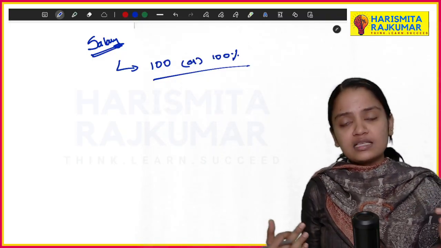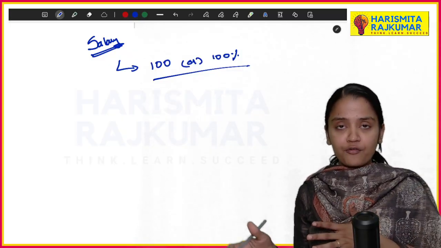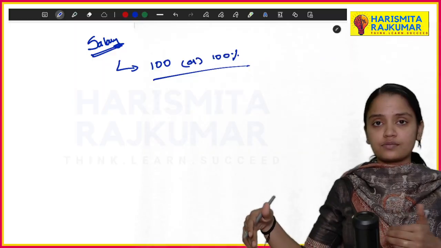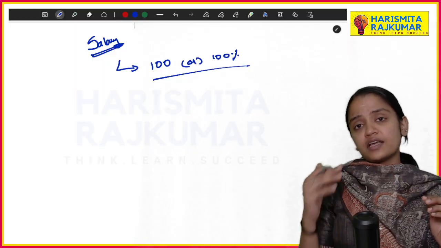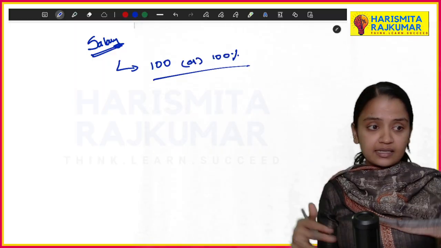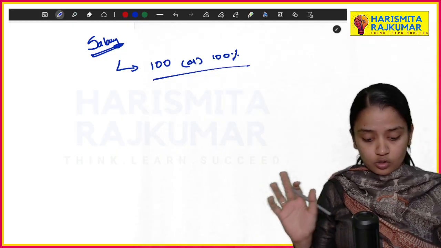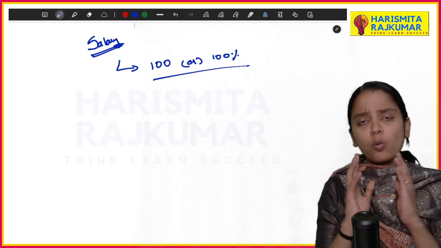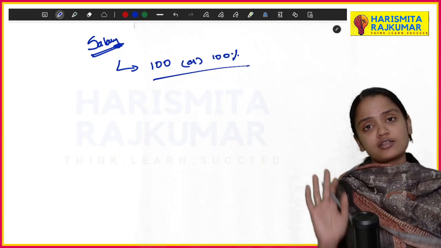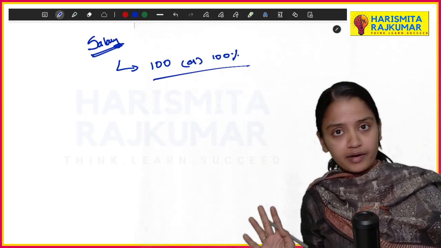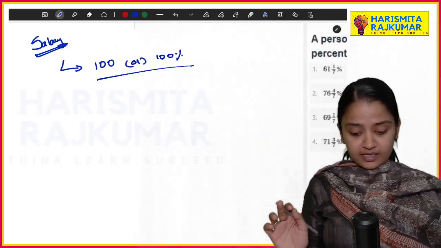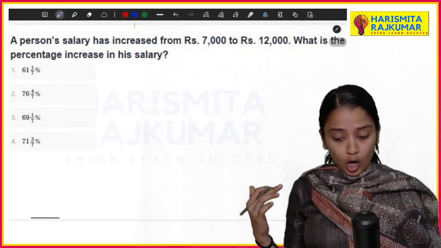While solving sums, you will be able to get the flow, and after I solve a few sums, you'll be able to practice each and every model. So just remember, you have to start the salary with 100. Only then it will be easy. So let's get into the problems.